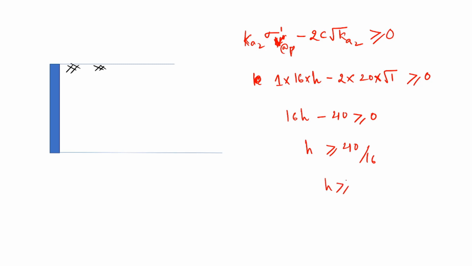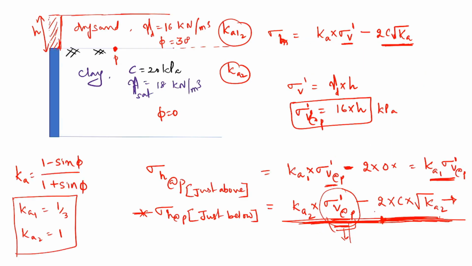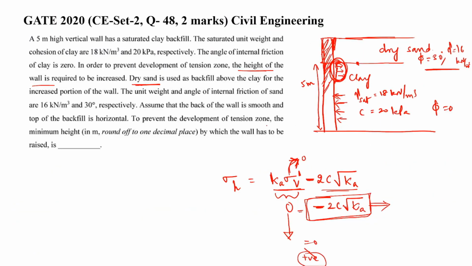What is 40 by 16? It is 2.5 meter, because everything is in kPa or kilonewton per meter cube. So minimum it should be 2.5, or else greater than 2.5. To prevent the development of tension zone, the minimum height by which the wall has to be raised is 2.5 meters. Thank you.